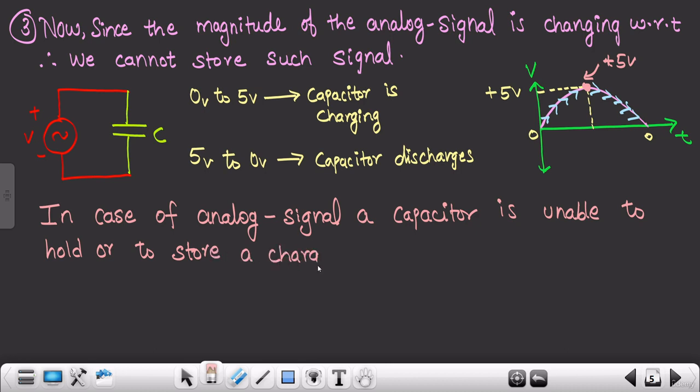And by charge, what I mean is electrons. Charge means electrons. I hope you understood this part very well.